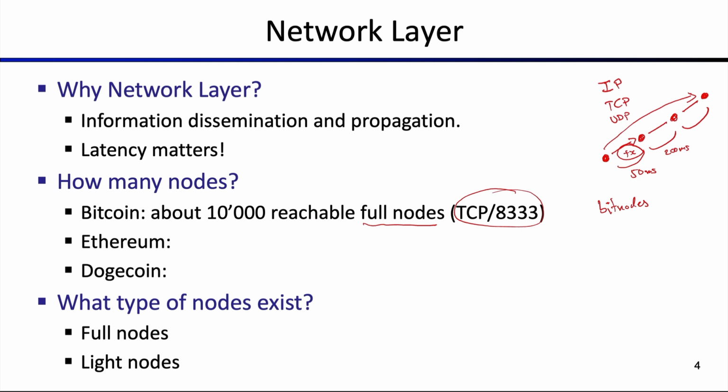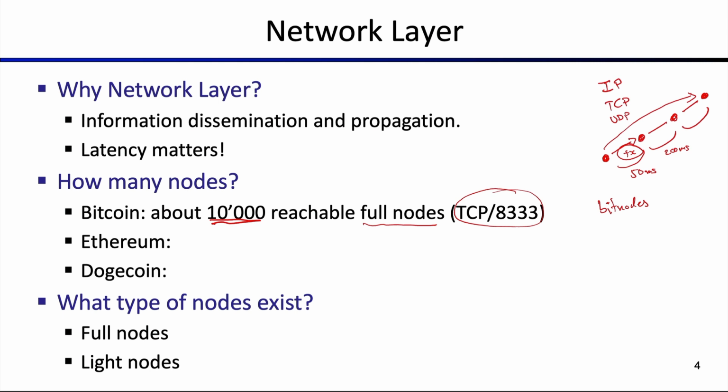And there are about 10,000. This does fluctuate, because it's permissionless, you can just spin up your node or shut it down whenever you want. But over the last, I'd say, 4 or 5 years, it's been quite consistent at about 10,000 nodes.